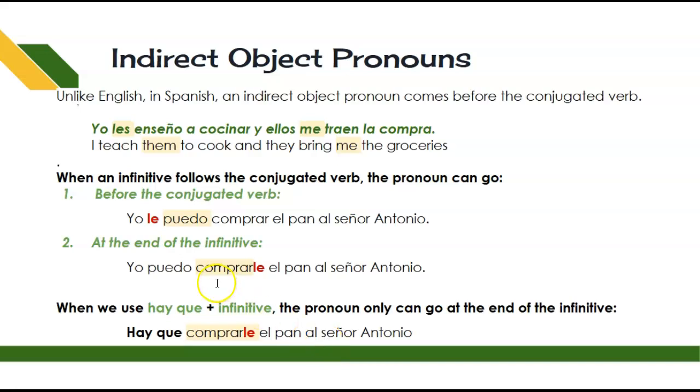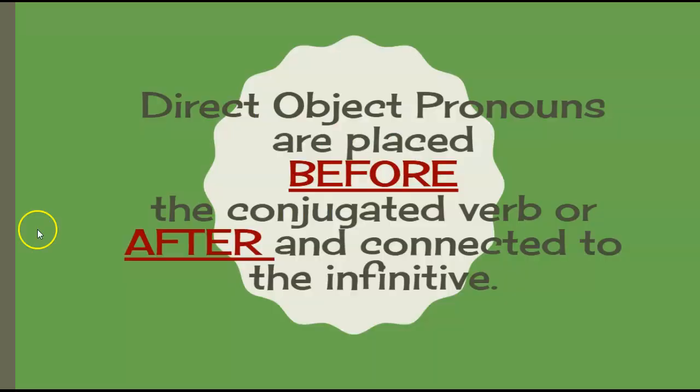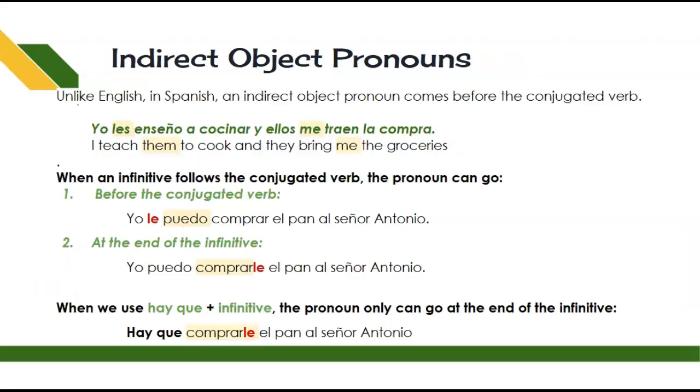Okay. Now, not in these notes, but just so you know, if you ever had to use an indirect object pronoun with a direct object pronoun, since they both come before conjugated verbs, and we will learn this in a future unit, always know people before things in Spanish.